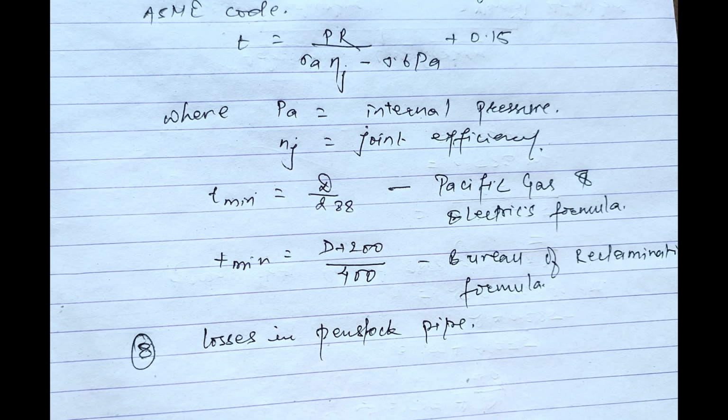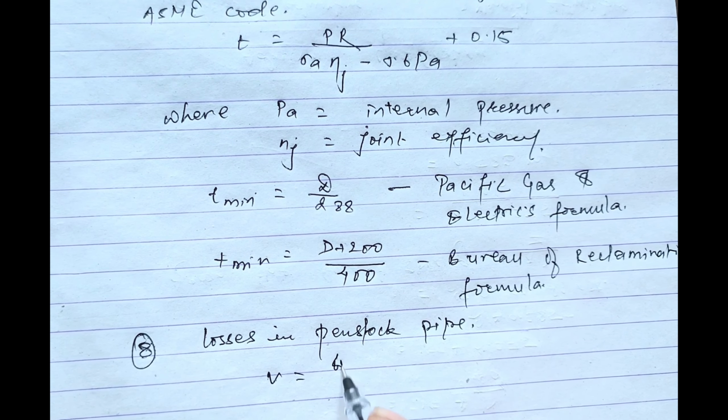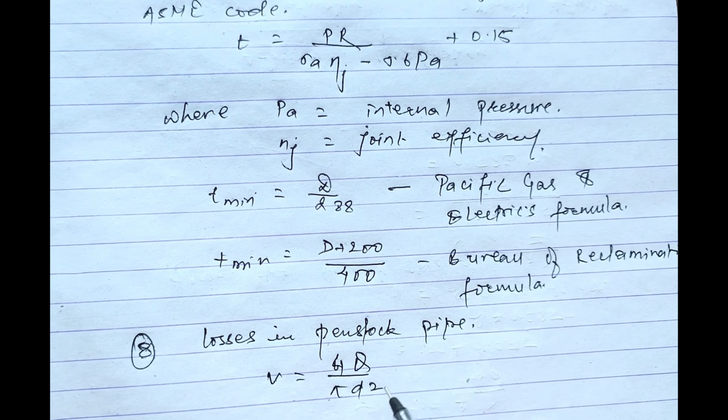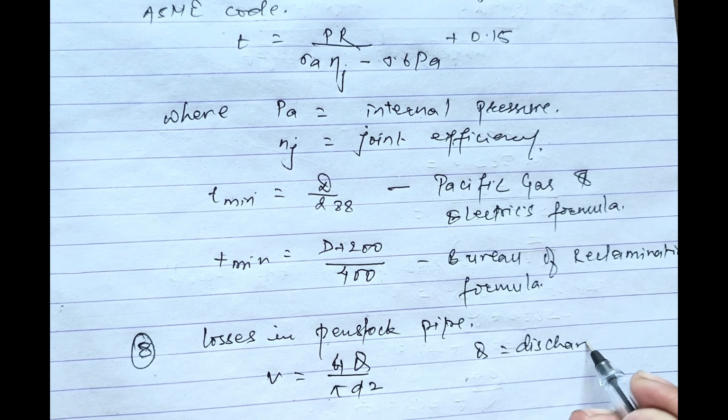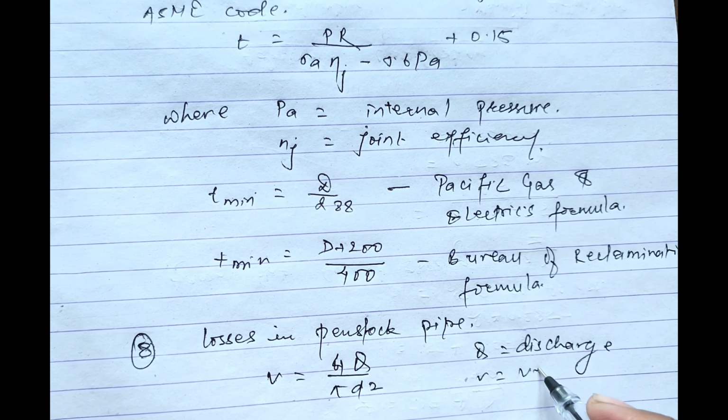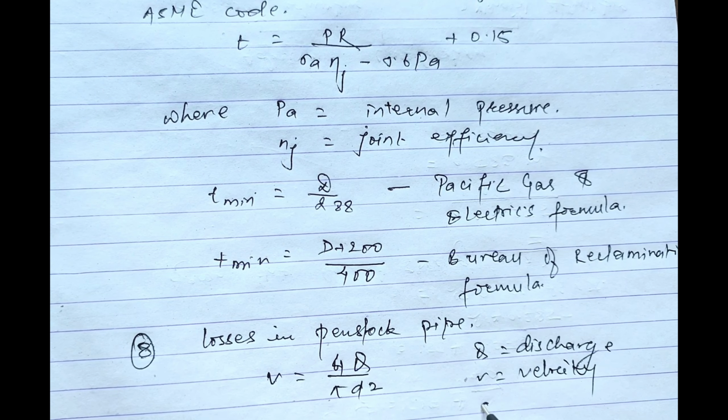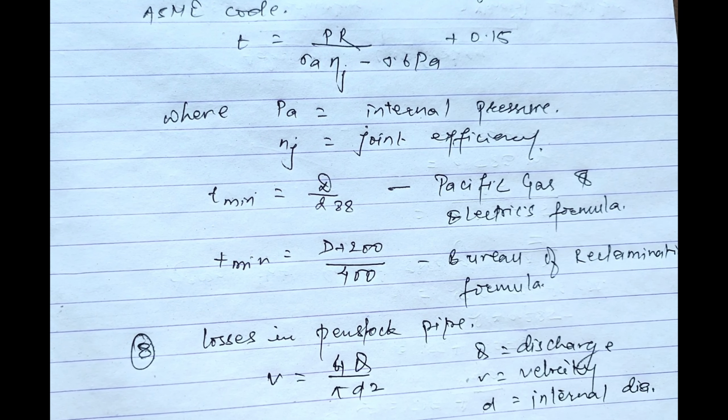The major losses are frictional losses in pipe and minor losses are due to the valve, gate, joint, inlet and outlet structures, bend, etc. First we'll calculate the velocity as V equals 4Q divided by pi D square, where Q is discharge, V equals velocity and D equals internal diameter of pipe.